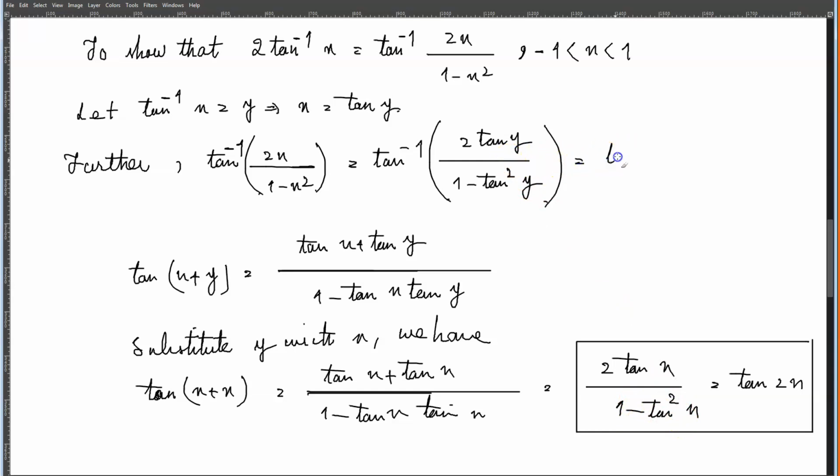So I can write this as tan inverse of tan of 2y.